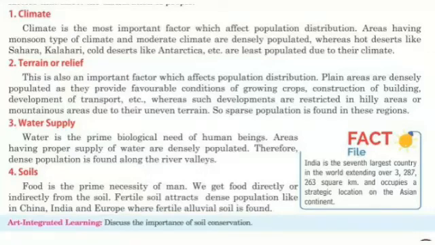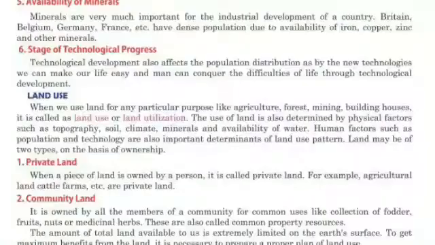Next, terrain or relief. Relief means height and the ups and downs of the land. This is also an important factor which affects the population distribution. Plain areas are densely populated as they provide favorable conditions for growing crops, construction of buildings, development of transport, etc. Next, water supply.